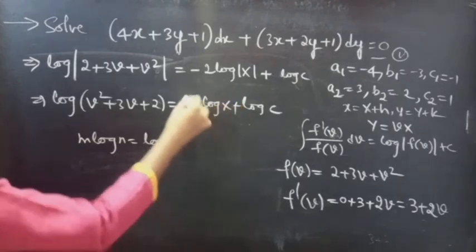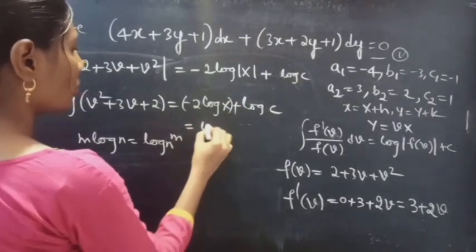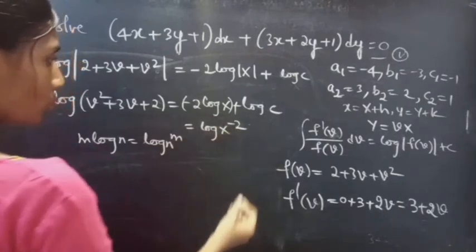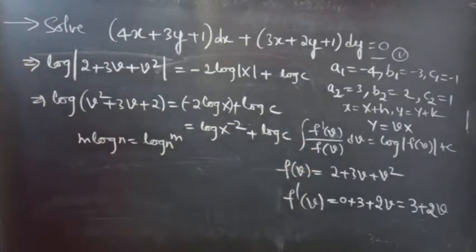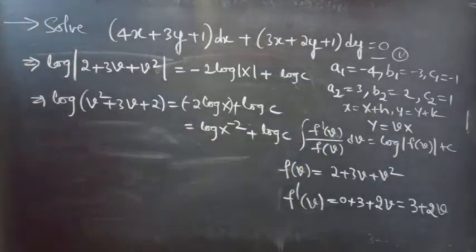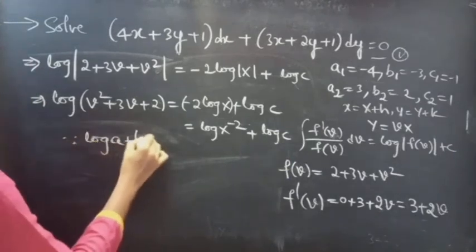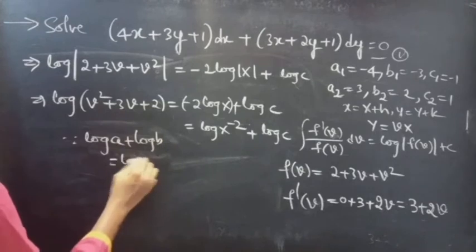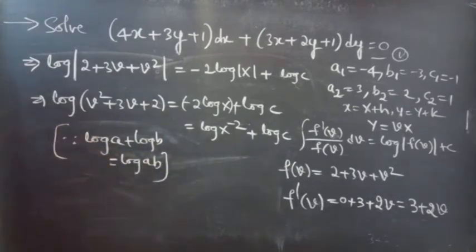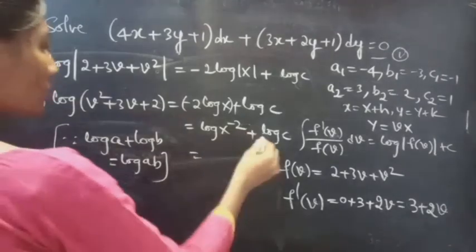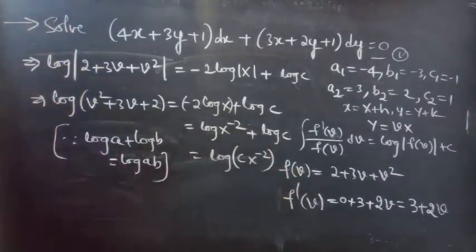So the first term on the RHS is log x power minus 2, plus log c as it is. Since log a plus log b equals to log ab, this becomes log c into x power minus 2.